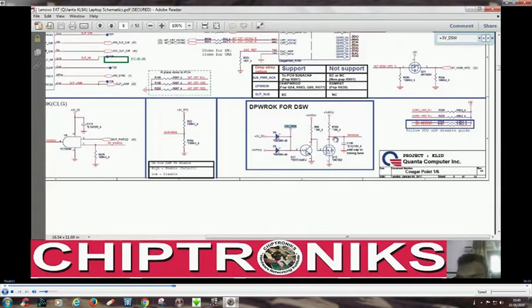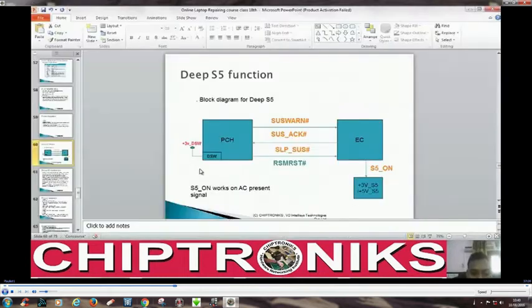So this +3V PCU is connected with deep sleep well power OK, and hence the PCH gets 3 volt at deep sleep well power OK, which indicates that the deep sleep well is active and has got its power now.